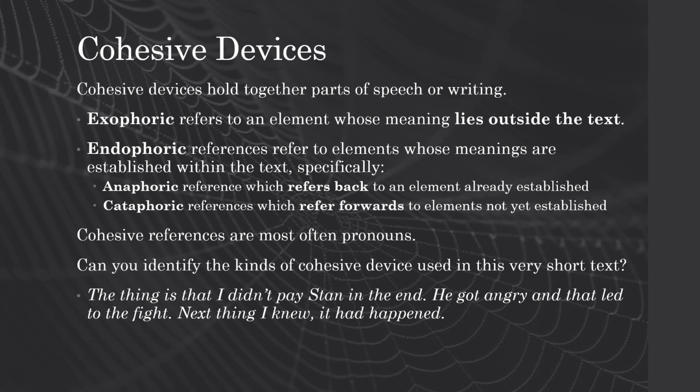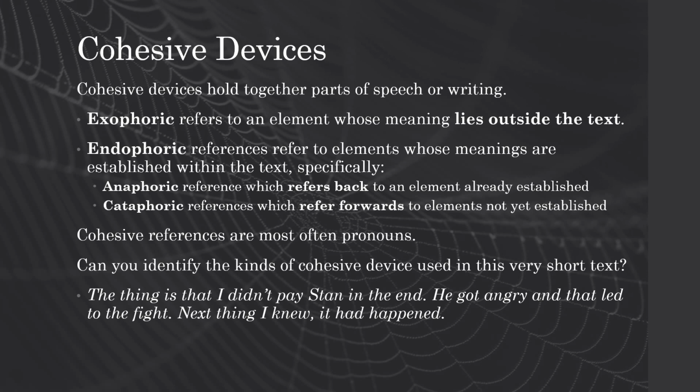Now, cohesive devices you will already be familiar with because they are pronouns, or they are most often pronouns. So, for example, it's normal when I'm talking about someone, let's say my friend Tim, to say: well, the thing about Tim is that he does this, and he does this, and he does this and that.